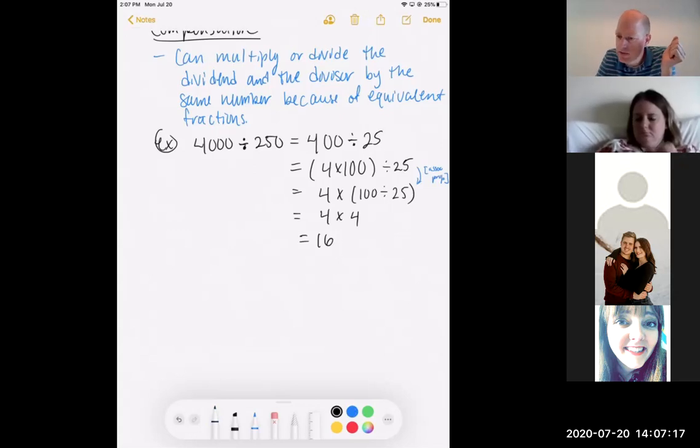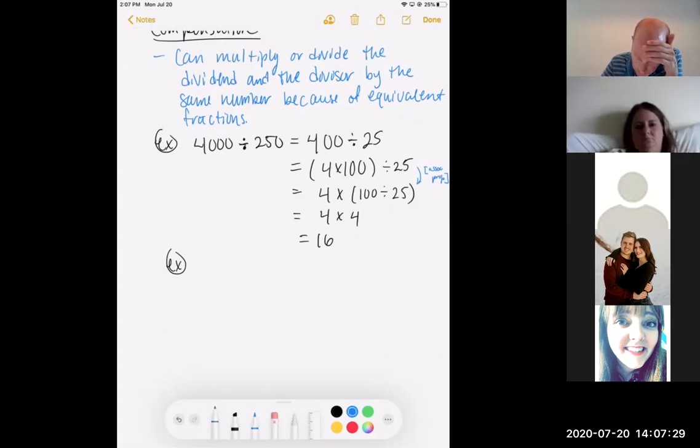Going to our next one. I have just another example here. And I wrote down here in my notes that this one right here was divide both by 10. So just so you know what happened, you can also multiply, you can divide. I wanted to show you the multiplication one.